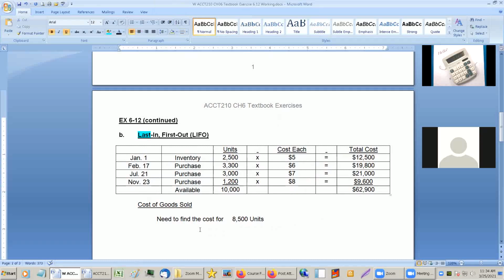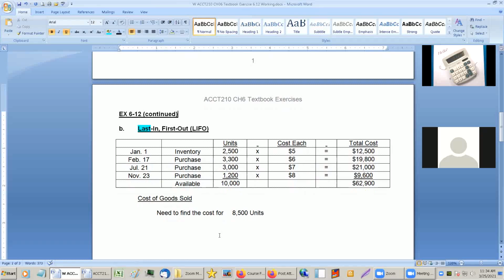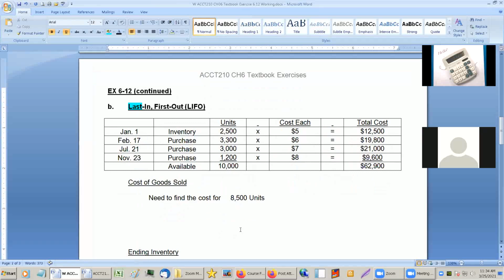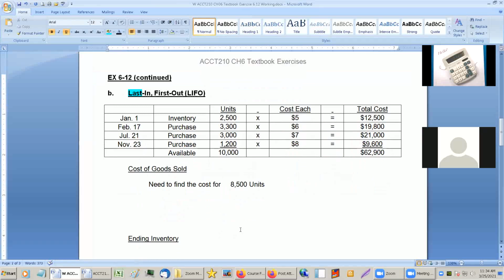Okay, so where do we go to for the LIFO method? Which ones were the last ones in? November. Yep. So of course, start at November. These are the last ones in.